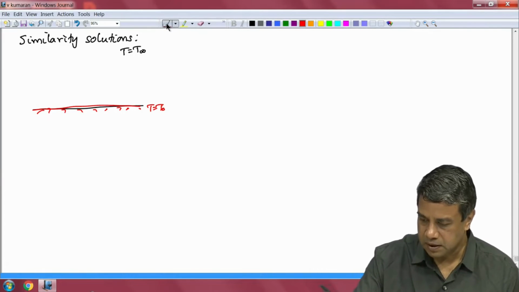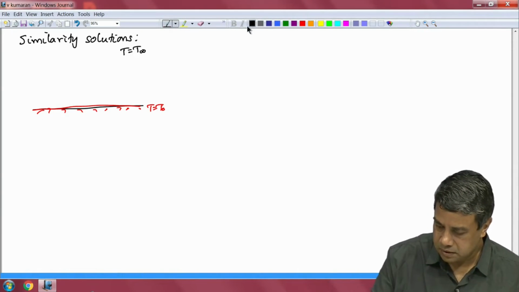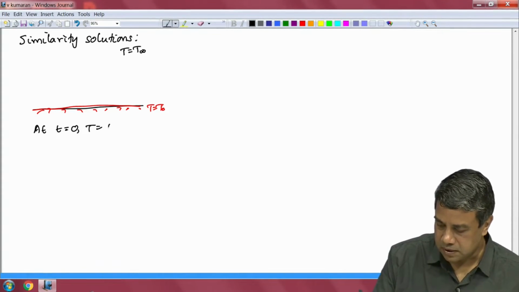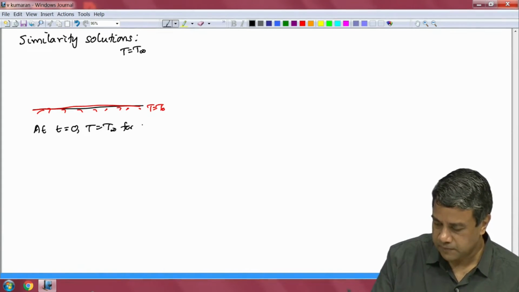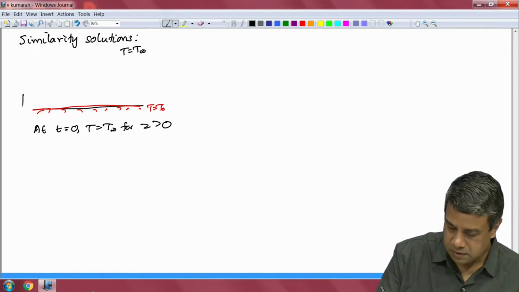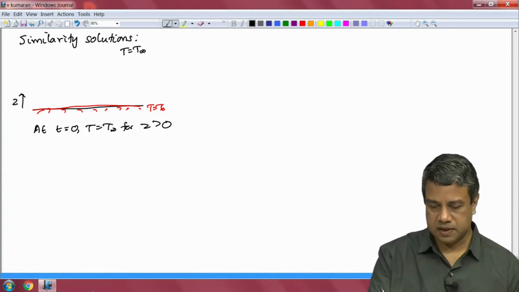At t equal to 0, T is equal to T infinity for z greater than 0, where z is the distance from this surface.